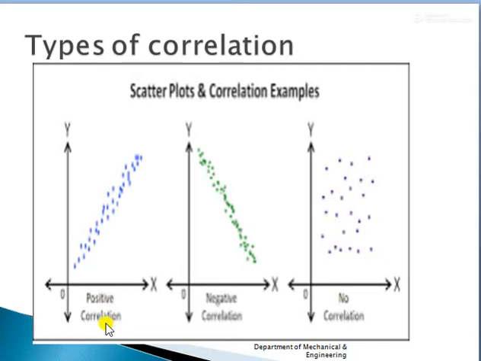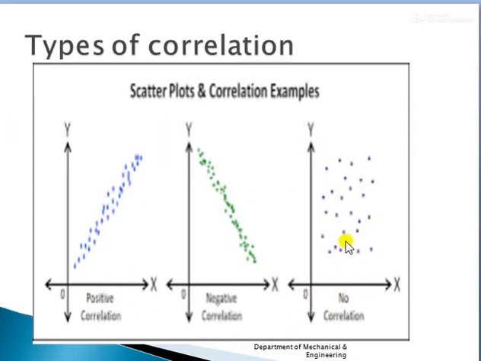This is called a positive correlation. Then we have negative correlation. Negative correlation is said to be perfectly negative when all the points lie on a straight line falling from the upper left hand corner to the lower right hand corner. This you call a negative correlation.